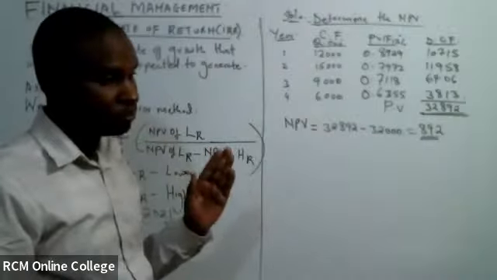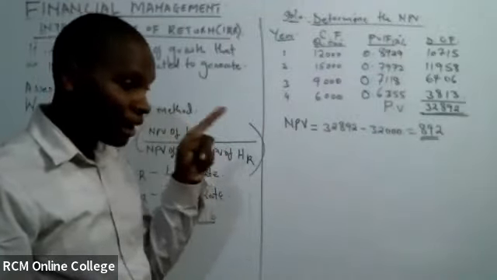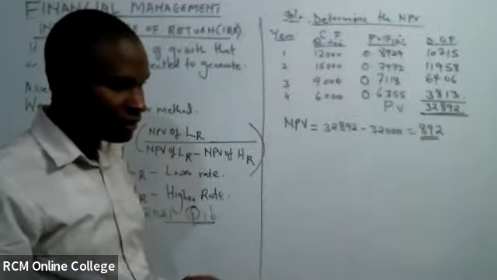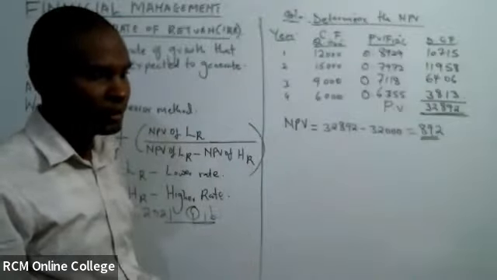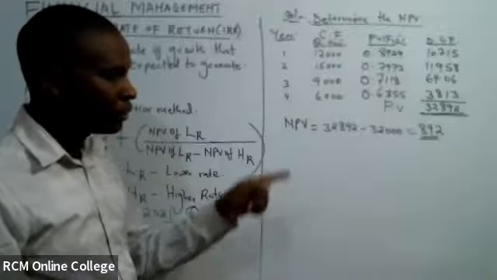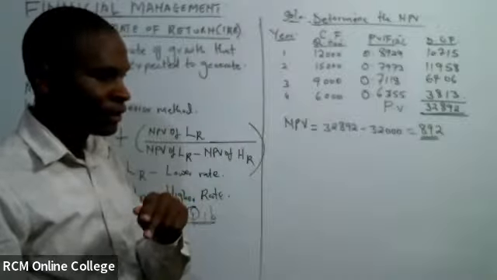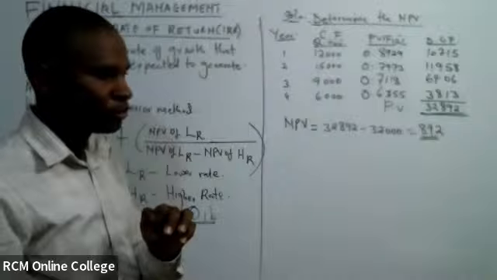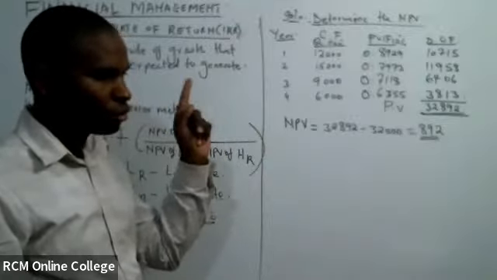So in step 1, we have gotten our NPV, and it is a positive NPV. Now, what is the next step to take? You get a positive NPV. We said in our explanation that we now need to change our cost of capital.